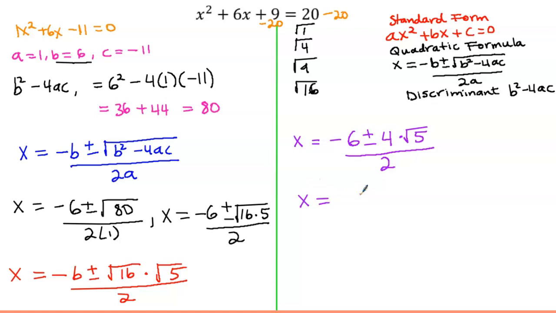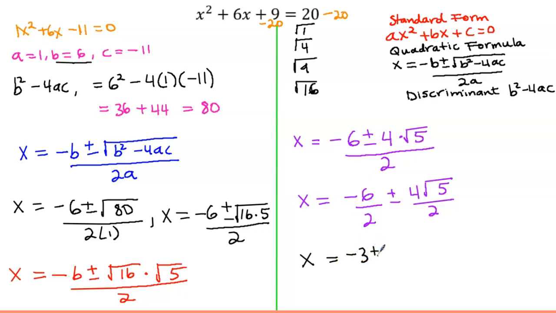We can go ahead and start simplifying, so we can say our negative 6 divided by 2, you bring your plus or minus, and here you've got your 4 root 5 divided by 2.